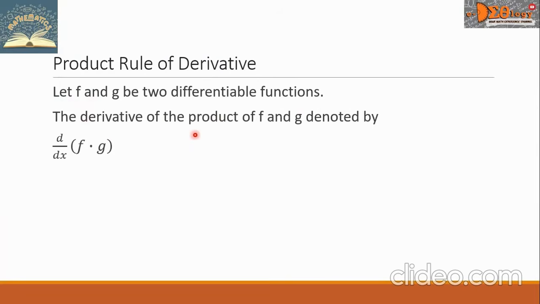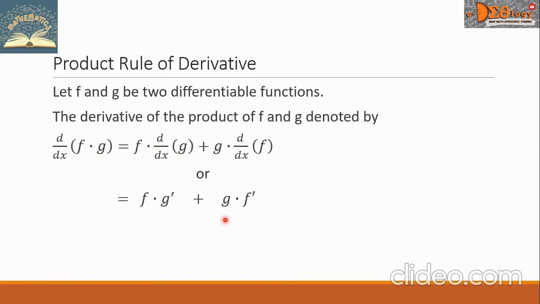The derivative of the product of f and g, denoted by d over dx of the product f times g, is equal to f times d over dx of g plus g times d over dx of f. Or simply, we write f times g prime plus g times f prime.